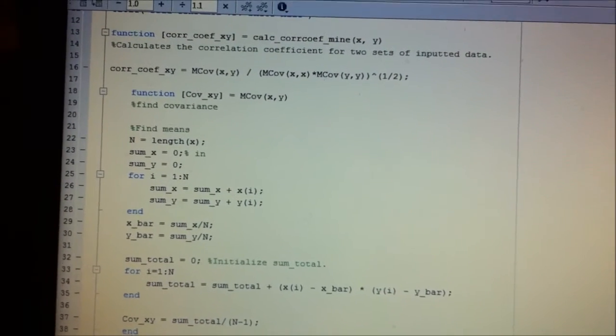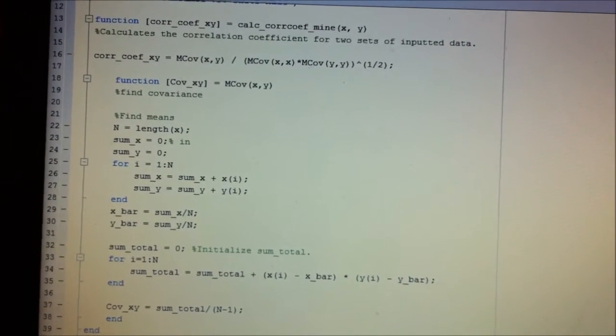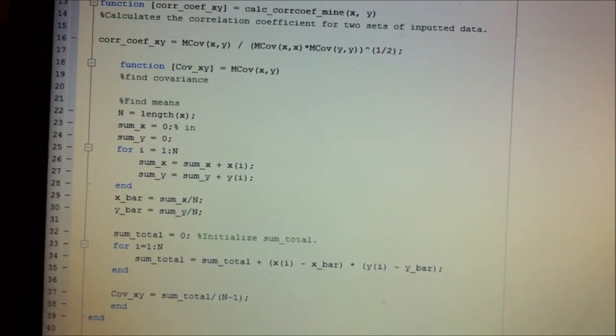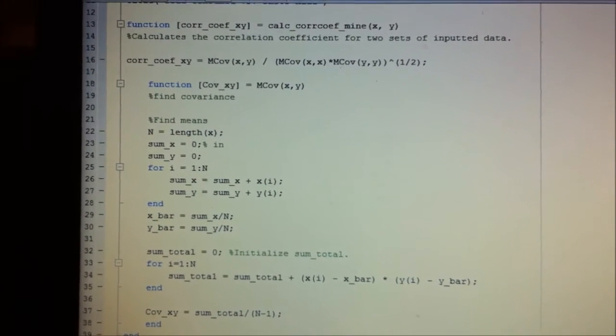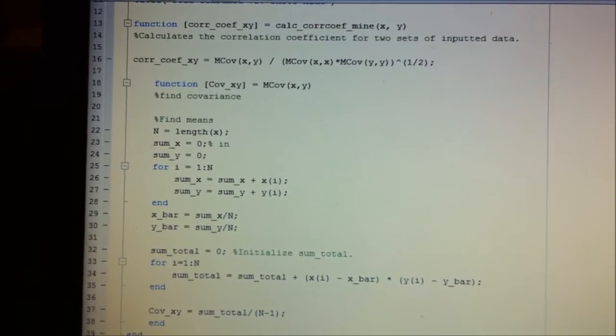Next, a nested function is created which takes both inputs and calculates the correlation coefficient between the two sets of inputted data.